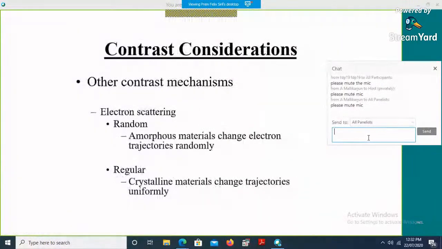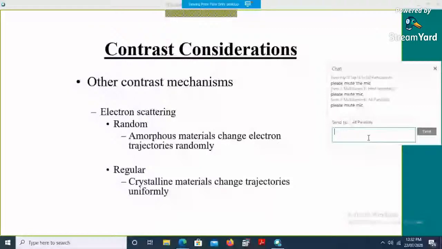Apart from that, regarding electron scattering in the forward direction, a lot of electrons can pass through the sample without interacting, but electrons can also scatter in the forward direction. Elastic scattering can take place apart from the backward direction, and it can take place in the forward direction as well.